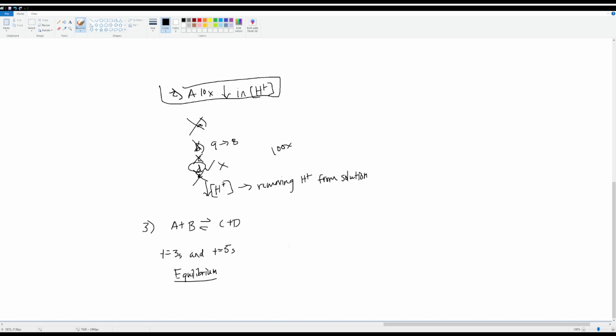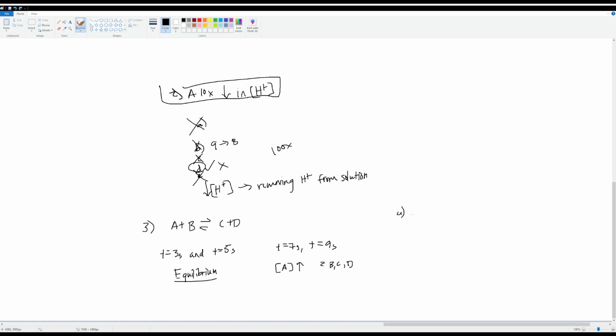Now, between times T equals 7 and T equals 9 seconds, we see the concentration of A is increasing. However, we don't know the concentrations of B, C, or D. Right? Those we don't know. We only know that the concentration of A is increasing. Now we got to figure out which of the answer choices works.